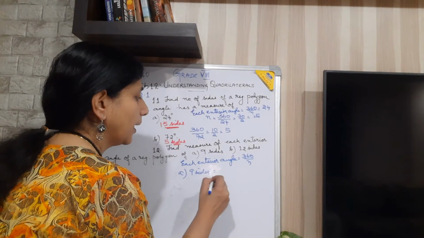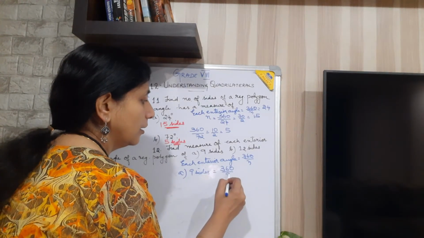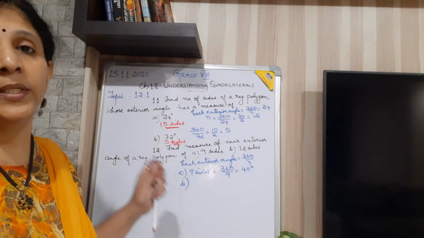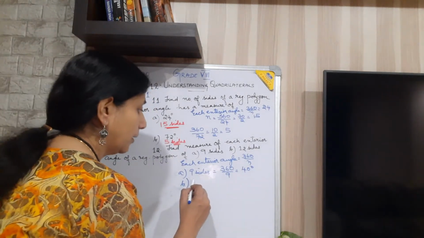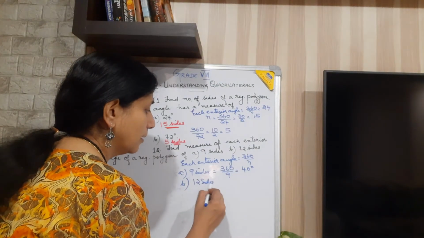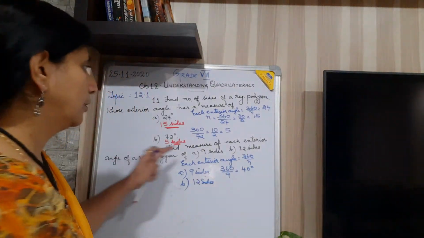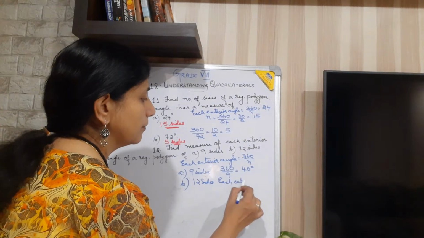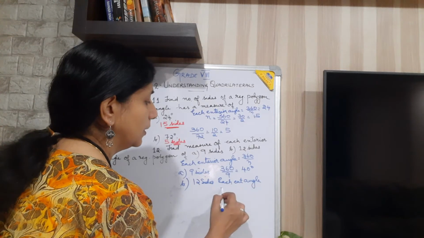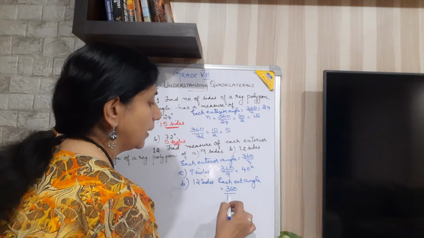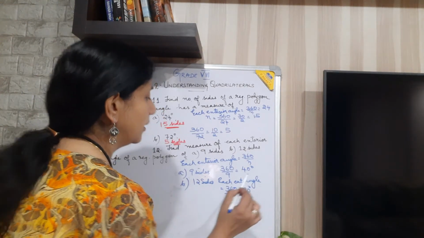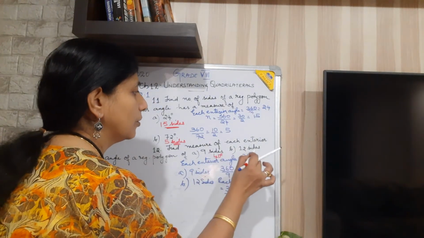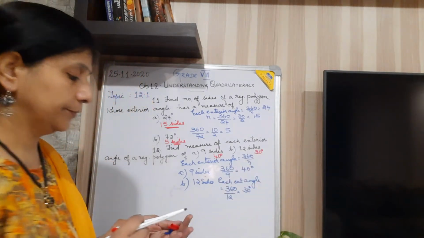So it is 360 by 9. It is 40 degree. And the second one, there are 12 sides. So 360 by 12. For the 12 sides, the measure of each angle is equal to 360 upon 12. That is 30 degree. So the first one you got it as 40 degree, and the second one you got it as 30 degree. Okay.